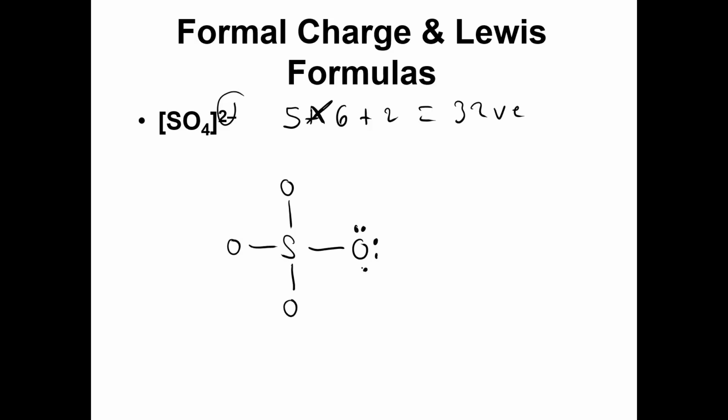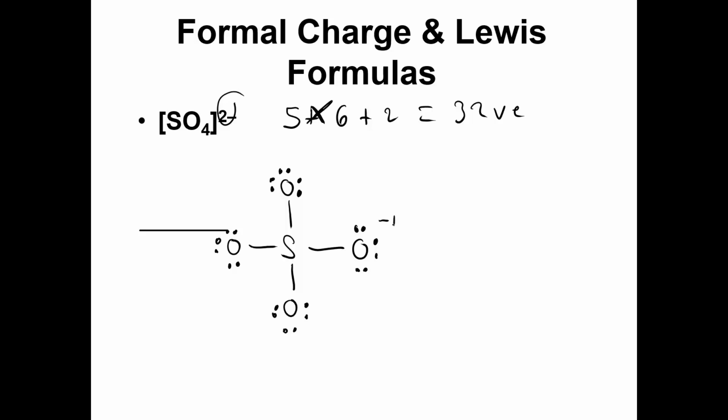Once you're done spreading out all the electrons, you actually will have created a structure that fulfills the octet rule, right? So everything has an octet here. You've used up the correct number of valence electrons.